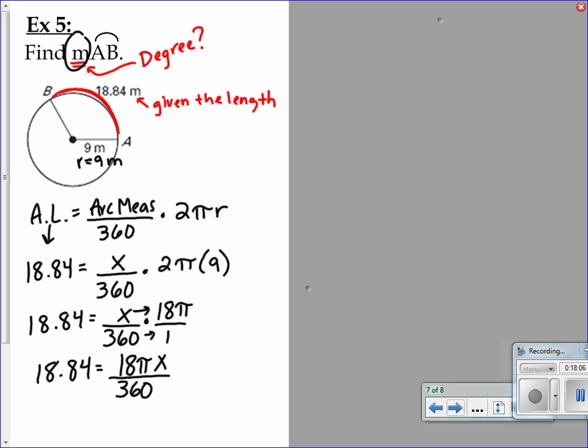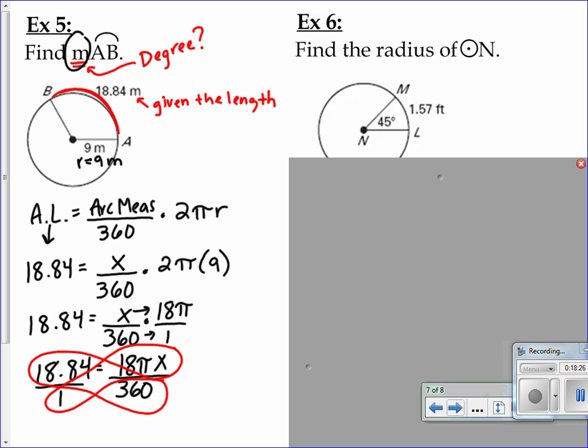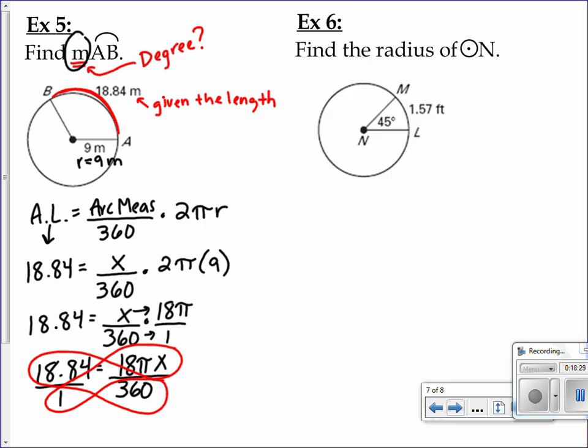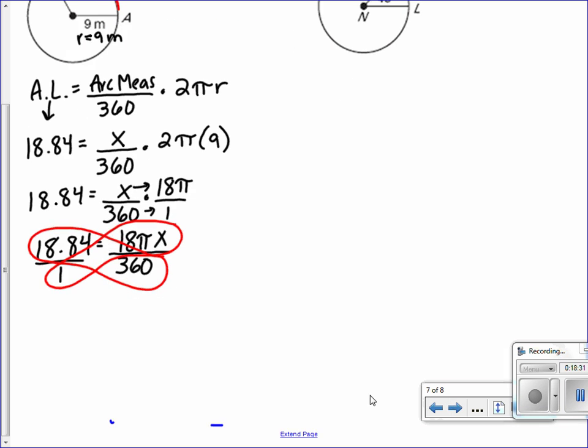So now I have a fraction on the right, 18.84 on the left. I can stick this over 1 because how do you think I can now solve for x? We can cross multiply. Let me get rid of this shade here so I can extend my page a little bit. All right, so when you cross multiply, 1 times 18 pi x is just 18 pi x.